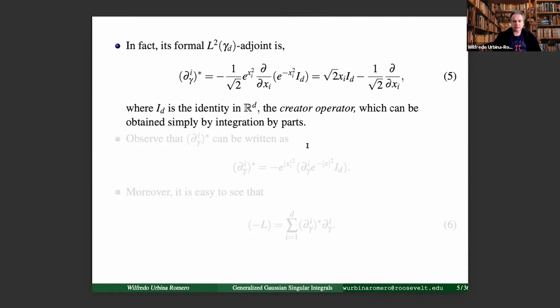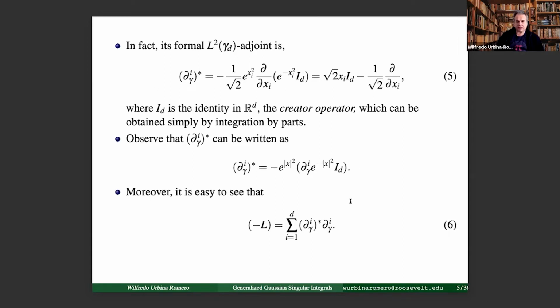And then this can be written in a nicer form in R^n using this form. Then the Ornstein-Uhlenbeck operator can be written as the sum in each variable of the derivative, the annihilation operators, composed with the creation operator.